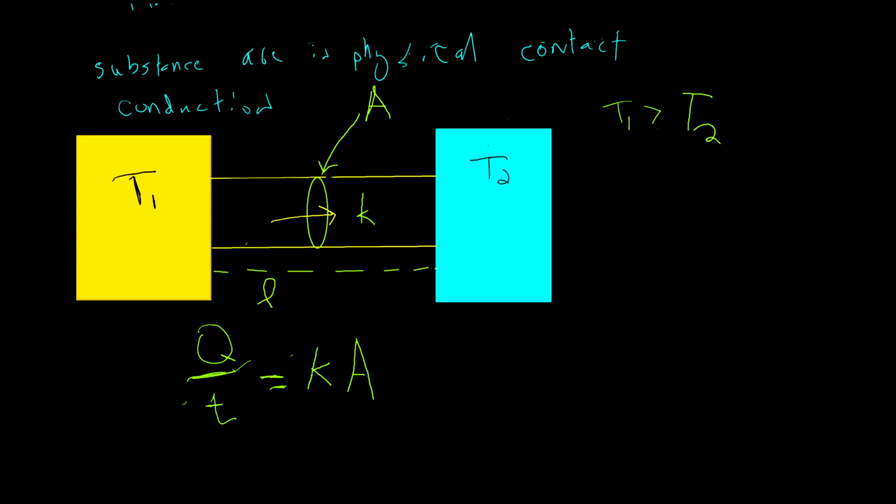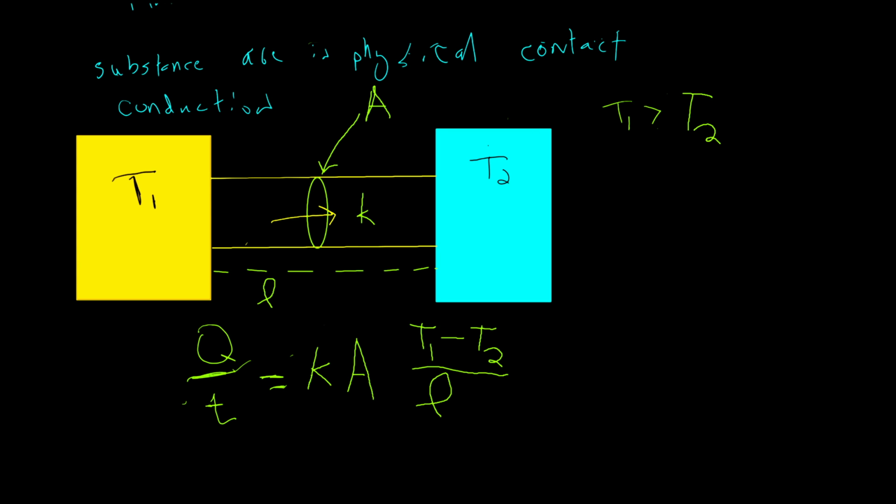So how thick this is will determine it, plus the K constant. Then we need the greater temperature minus the lesser temperature divided by the length. And this will push heat through, and this is how quickly the heat will move through.